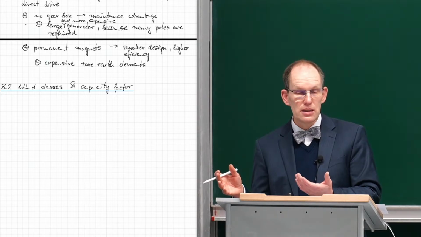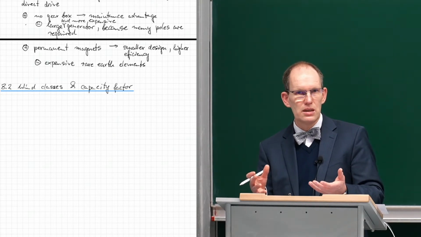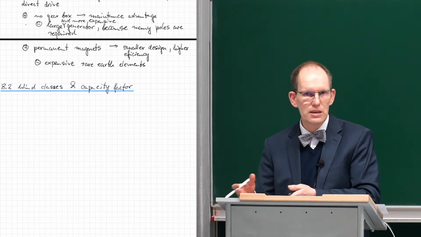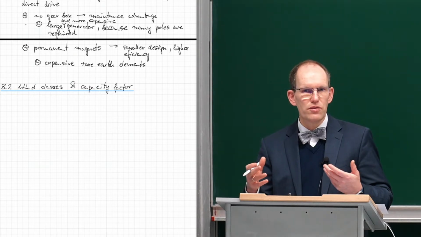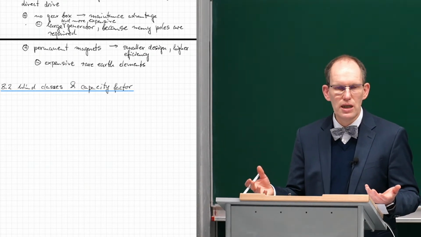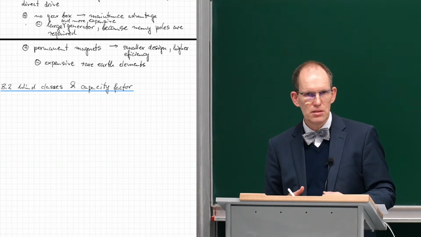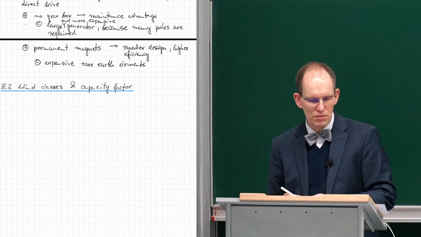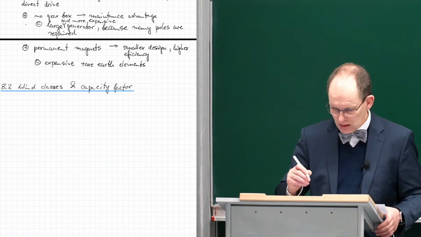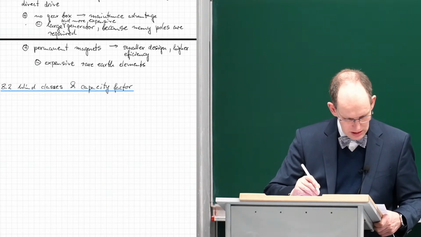And both are important because turbulence as well as high wind speed determine, of course, the stress on the machine and thus its lifetime. So the machine needs to be certified for a certain wind class. So let's make a table here.